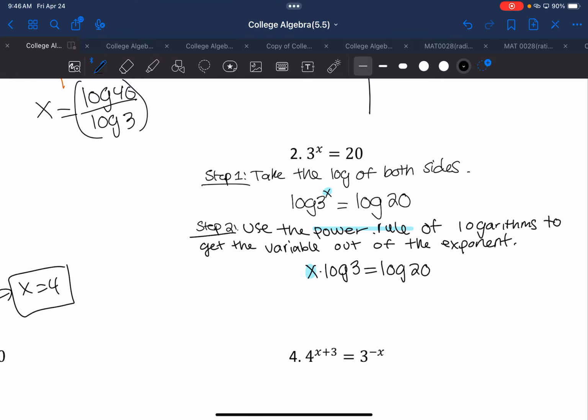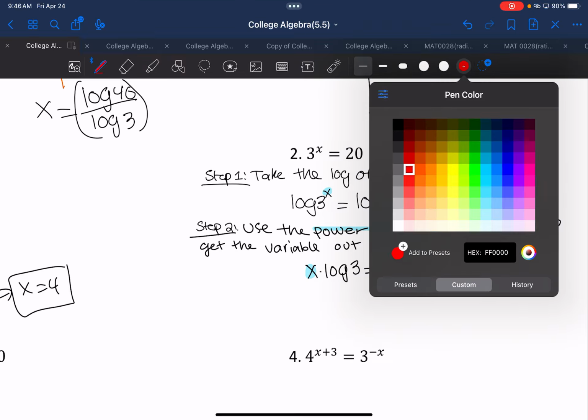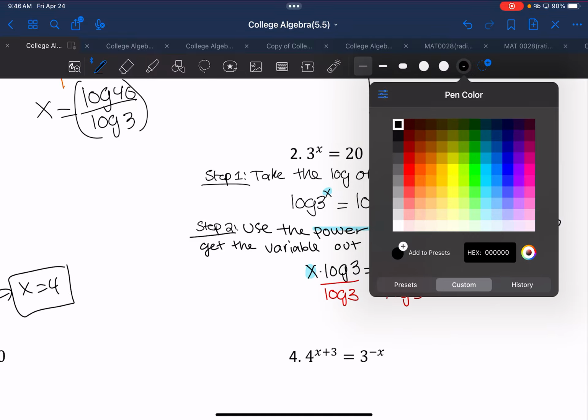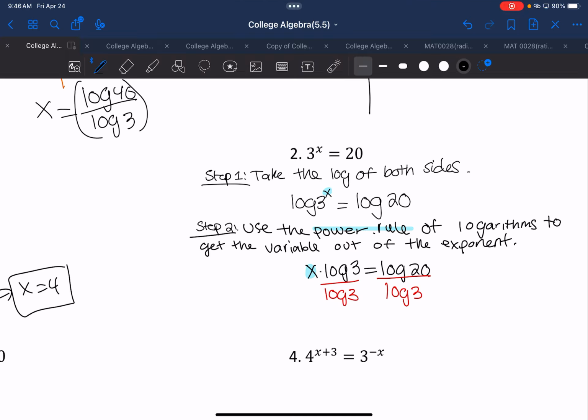And then from here, I will solve for x by dividing both sides by log of 3, because again, that's just a number. But you just don't want to write it as its decimal until the very end, because you don't want to round until the very end, or you could get it wrong.